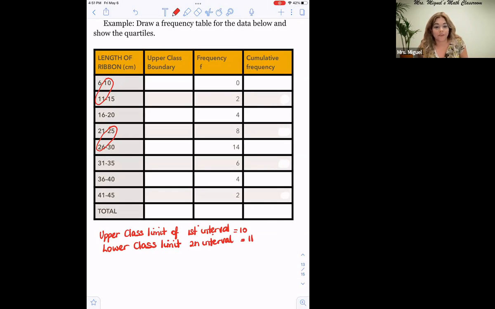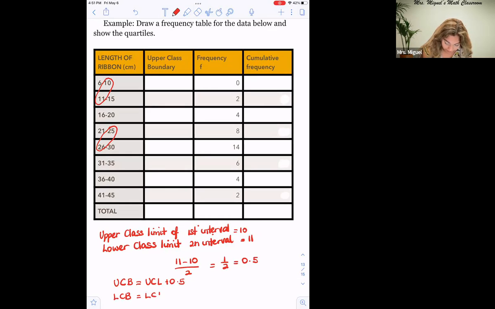So for us to find the upper class boundary, we take the higher value and subtract the lower value and divide by 2. So here we will get a half, which is 0.5. So now the upper class boundary is the upper class limit plus 0.5, and the lower class boundary is the lower class limit minus 0.5.